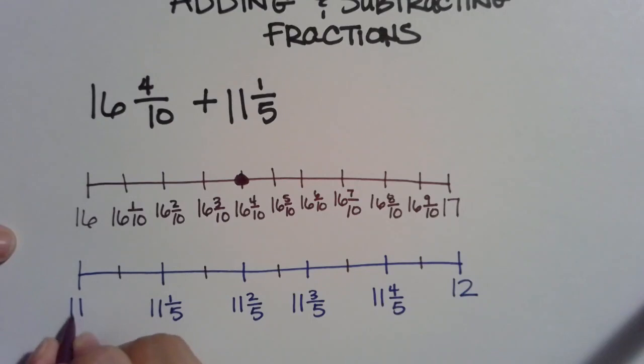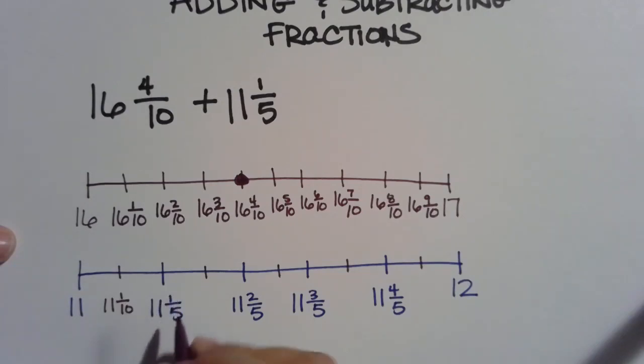So here, if this is 11, my first line is 11 and 1/10. Okay, the next line is 11 and 2/10. We see that it already has 11 and 1/5 there. That's because it's equivalent to 11 and 2/10. Those two mixed numbers are equal.